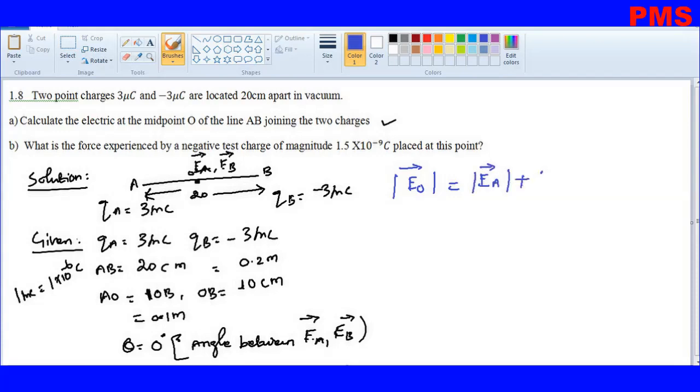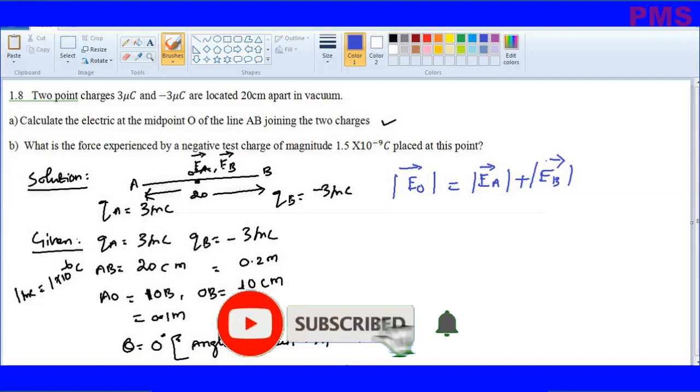So both are electric fields: A is the electric field of charge A, and B is the electric field of charge B. We need only the electric field at the midpoint O.